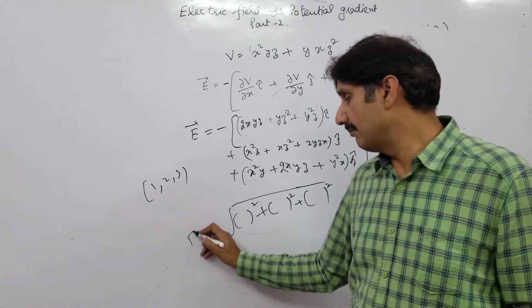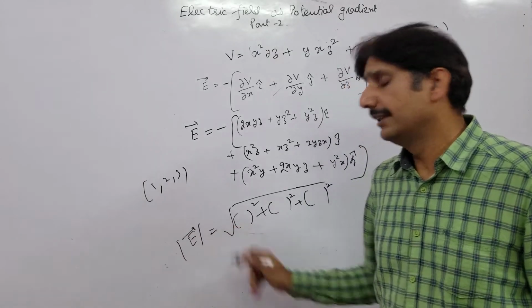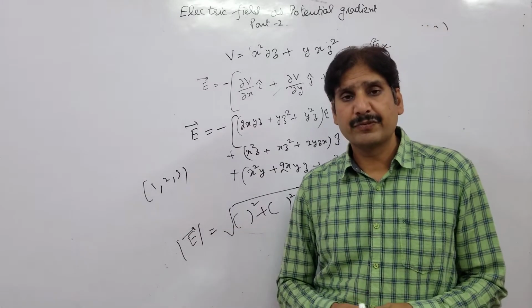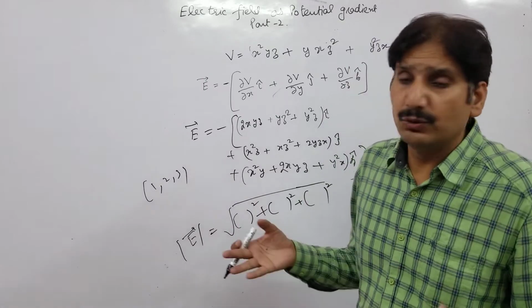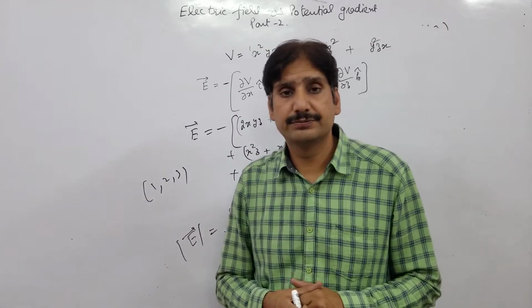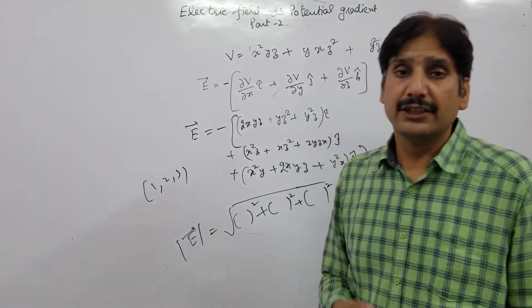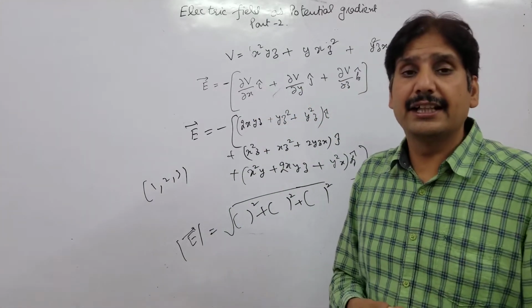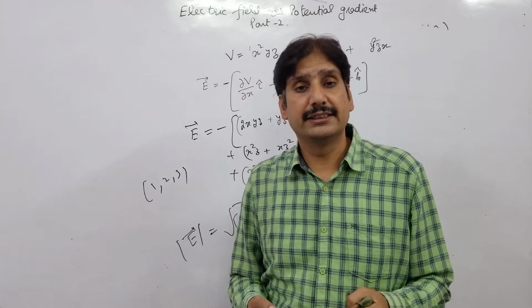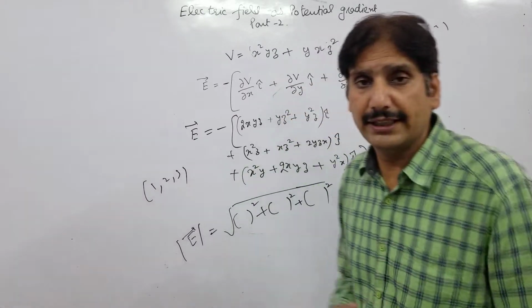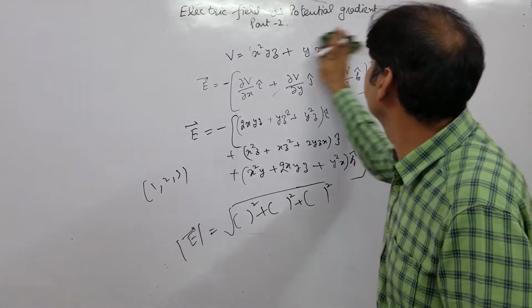That would be the magnitude of electric field. This is how you proceed to find out electric field when electric potential is given to you. The other way around is also possible. That is, you have been given electric field and you wish to find out the electric potential. So let's see how to proceed with that.